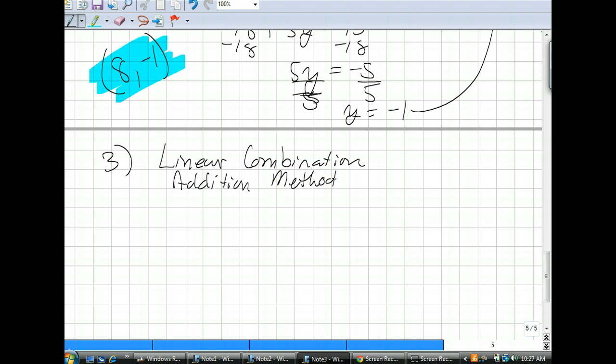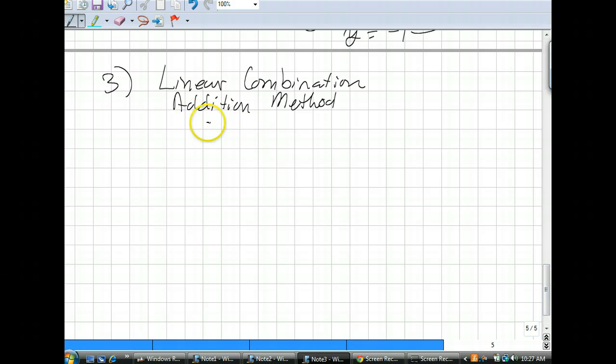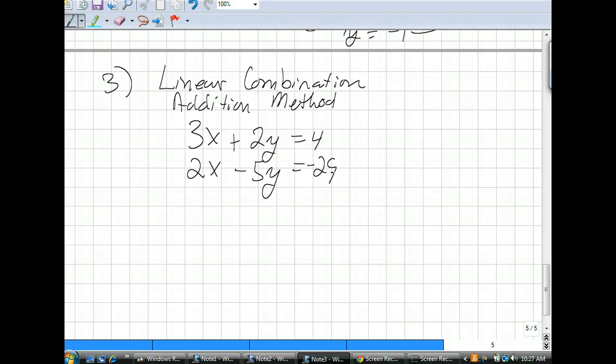Okay, so let's say that I have the system 3x plus 2y equals 4 and 2x minus 5y equals -29. That's my system, and I want to solve it by linear combination or the addition method.